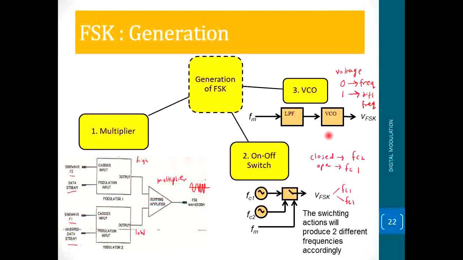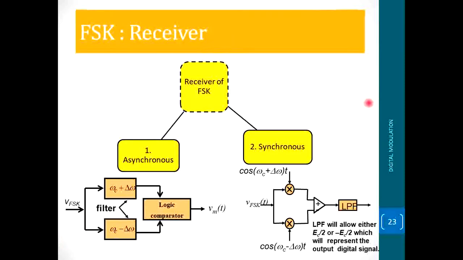So by using this, we can also generate the frequency shifting signal. So there are three methods that you can use to generate the FSK.